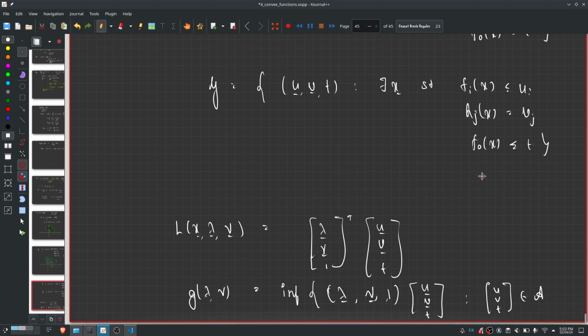So I can also take this in G. Okay, so for a given lambda and nu, this vector is fixed. Correct?